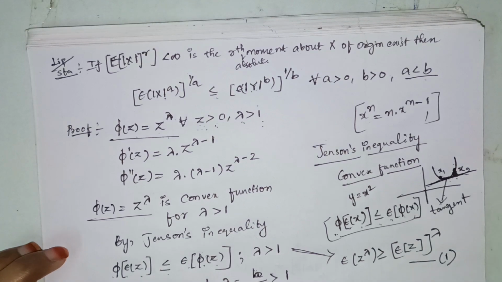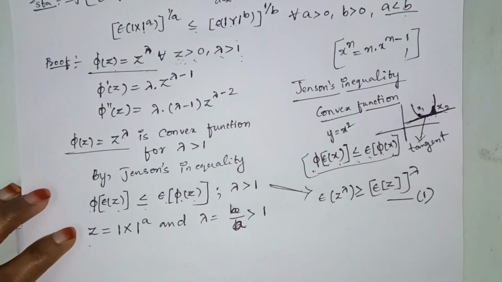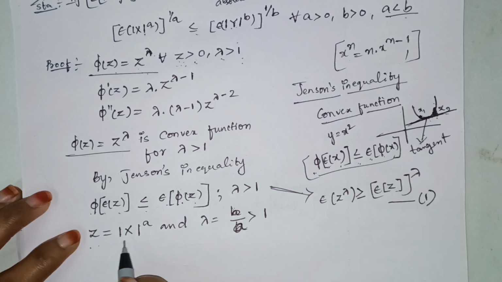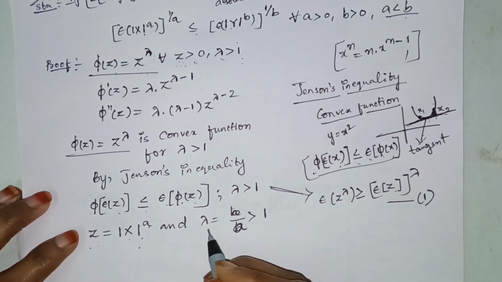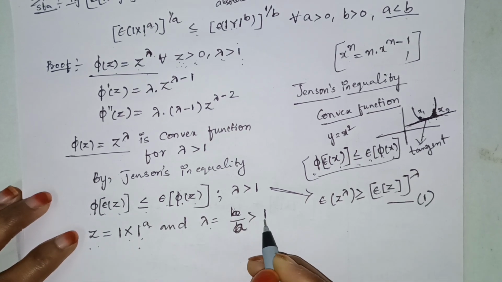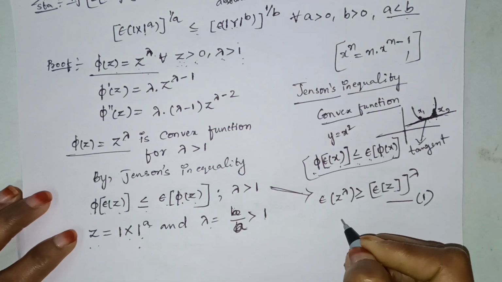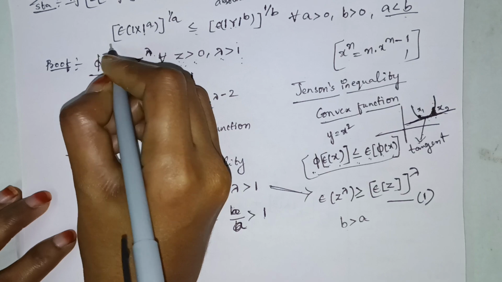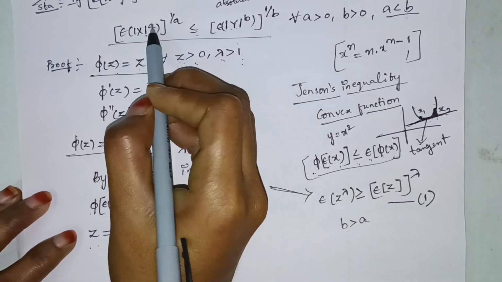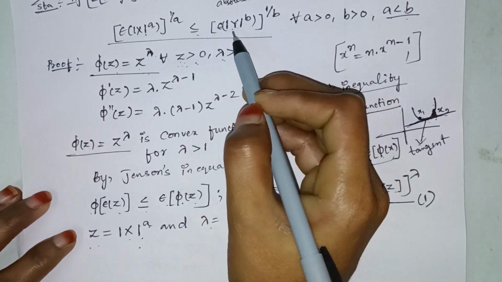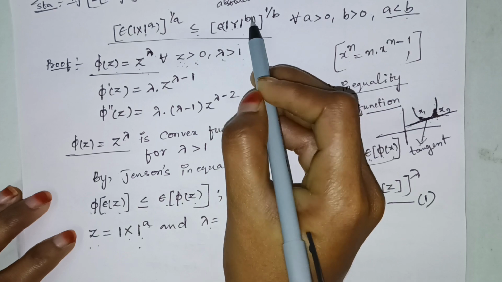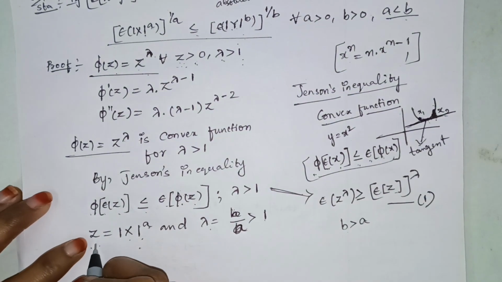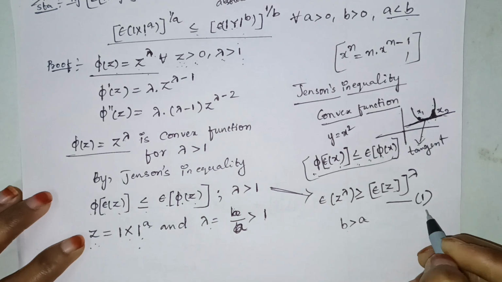Now take z is equals to mod x to the power of a, and lambda is equals to b by a greater than 1, because we considered b is always greater than a according to the proof, as mod x to the power of a is less than or equals to mod y to the power of b, which is nothing but b is greater than a. Now substitute this z value in the first equation.